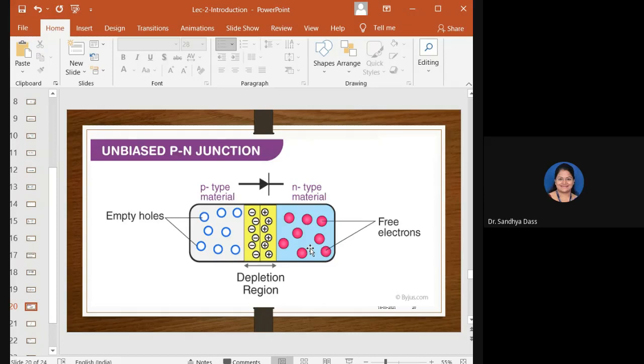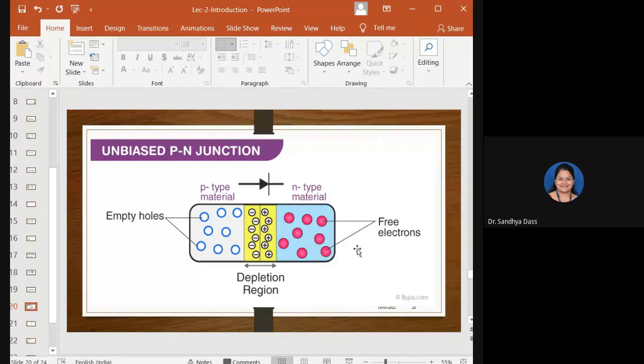So after continuous recombination, too many collisions happening, cancelling of charges and accumulation of these ions taking place, the electric field is great enough to repel the rest of the majority carriers away from the junction. So what do I mean here?